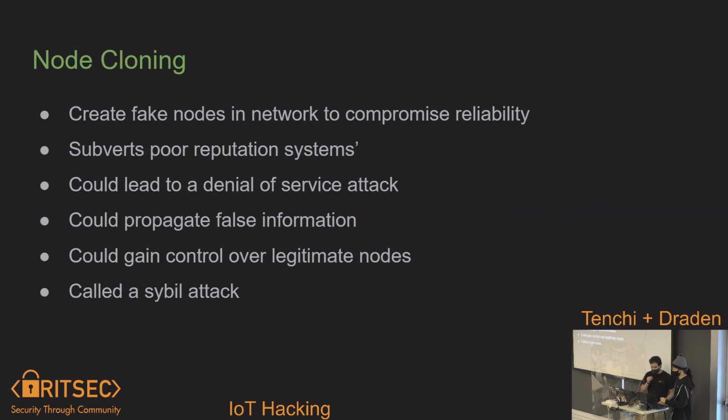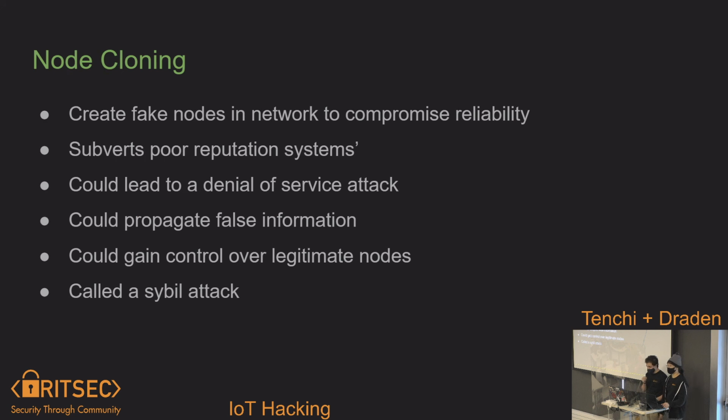Node cloning creates fake nodes in a network to compromise reliability. It subverts poor reputation systems, and it can lead to a denial of service attack. It can also propagate false information to other nodes on the network, and if you're able to create a node that acted as a master server, then you could gain control over the legitimate nodes. This is typically called a Sybil attack, and it's also sometimes called a 51% attack, where if you gain a slight majority control, 51%, you can take over the network.